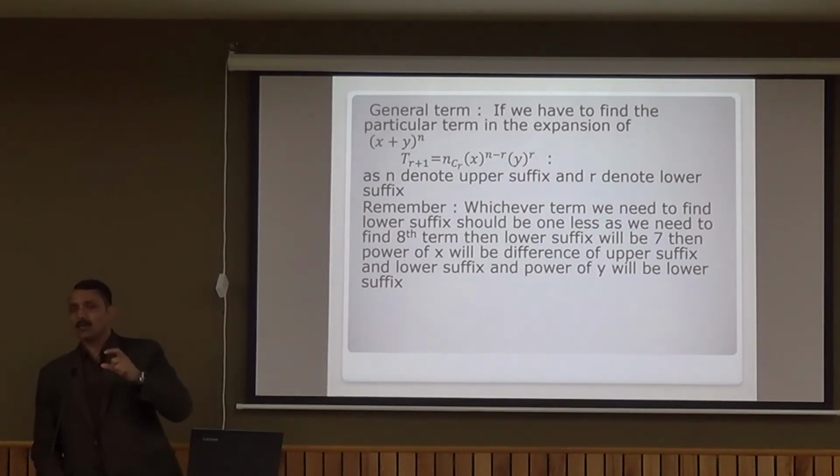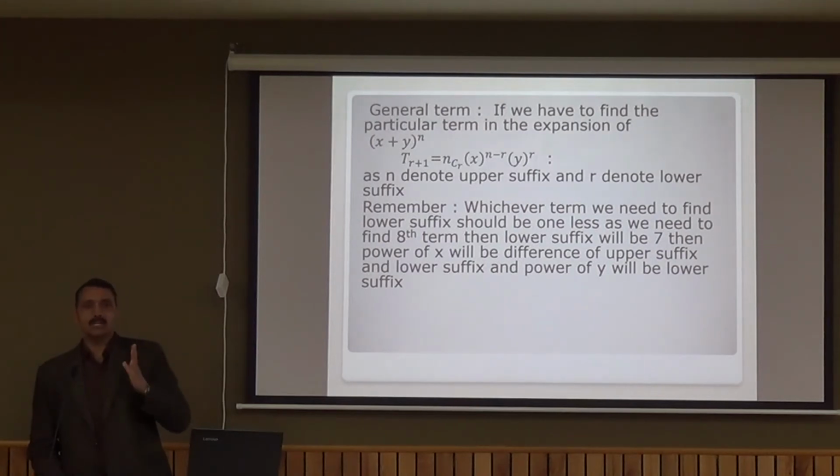This nCr or nC1 or nC2 or nC3, these are called binomial coefficients, because if we know the binomial coefficient, we can get the complete idea of the term: nCr x^(n-r) y^r. As I told you, n denotes the upper suffix and r denotes the lower suffix.